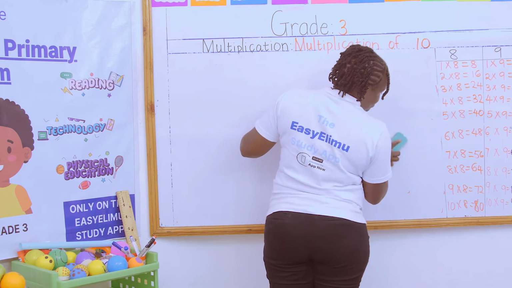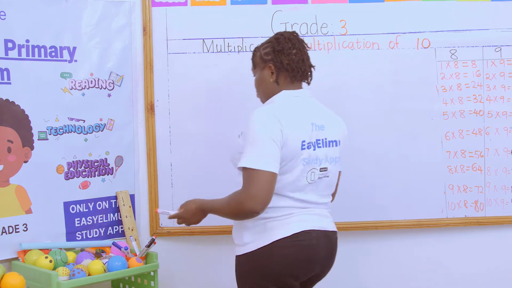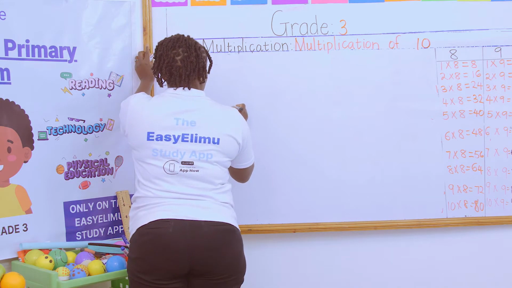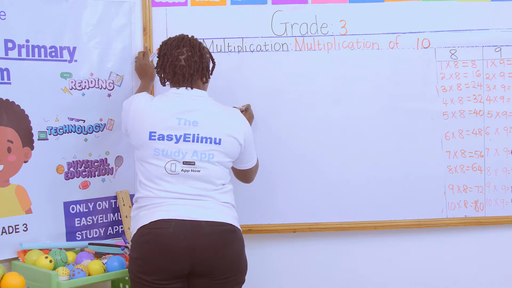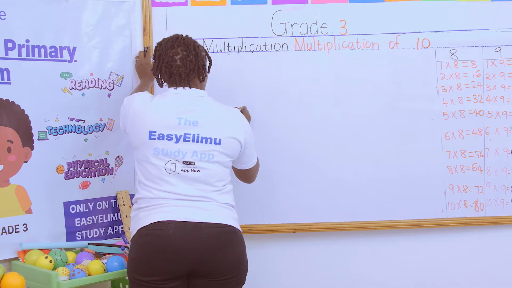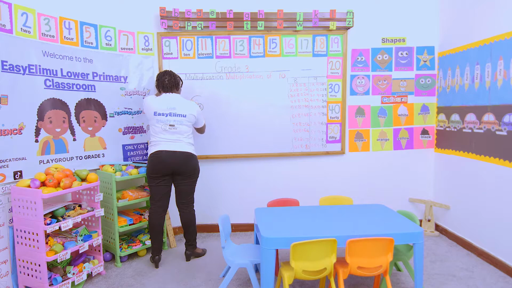Now, this one is what we want to do. We are having a multiplication wheel. The center number is the number that does not change at all. That is 8. Then these numbers here are the numbers that change. Multiplication wheel.